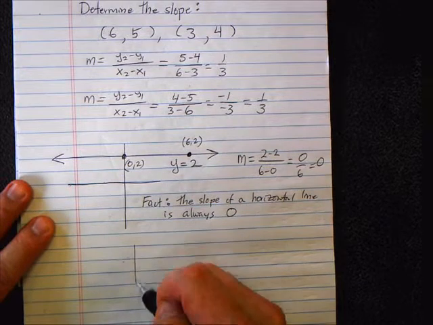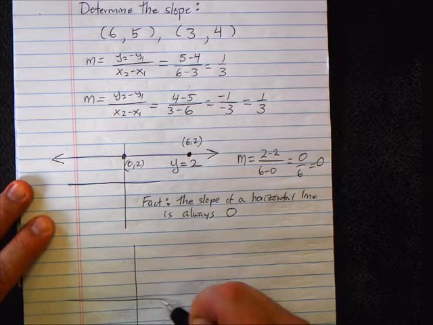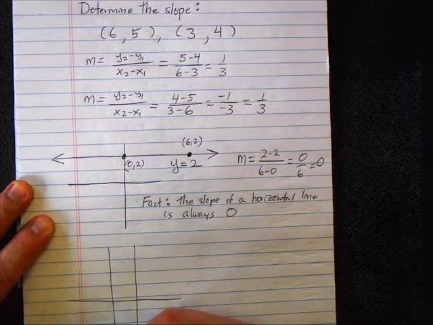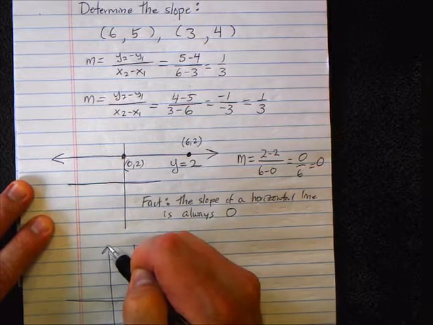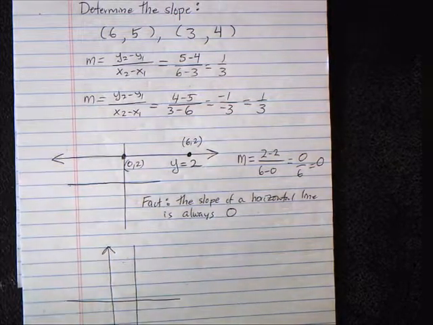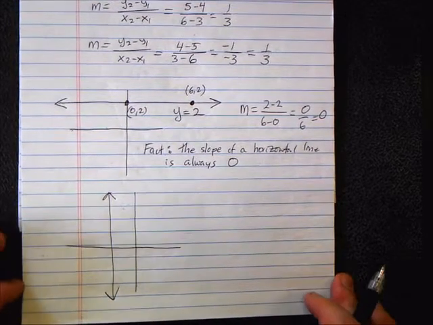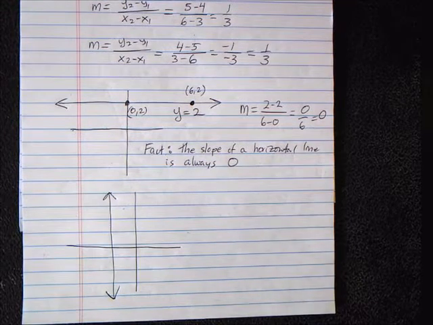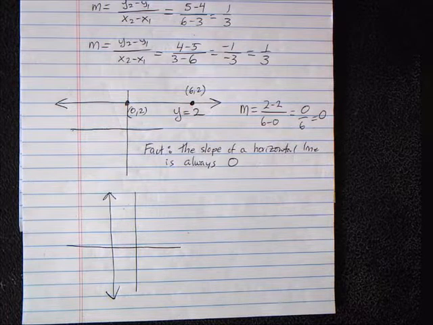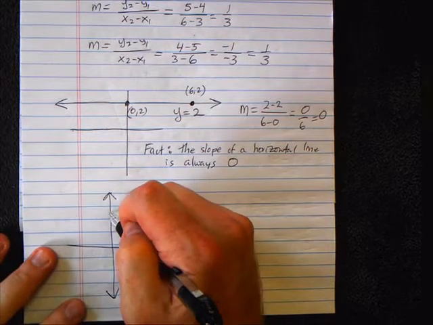Conversely, what if I draw a vertical line? Let's say I draw that vertical line right there. Again, I didn't give you any scaling, so we're just going to make up a couple of points here, which indicates the scaling. Give me a couple points on that vertical line. How about that point right there?